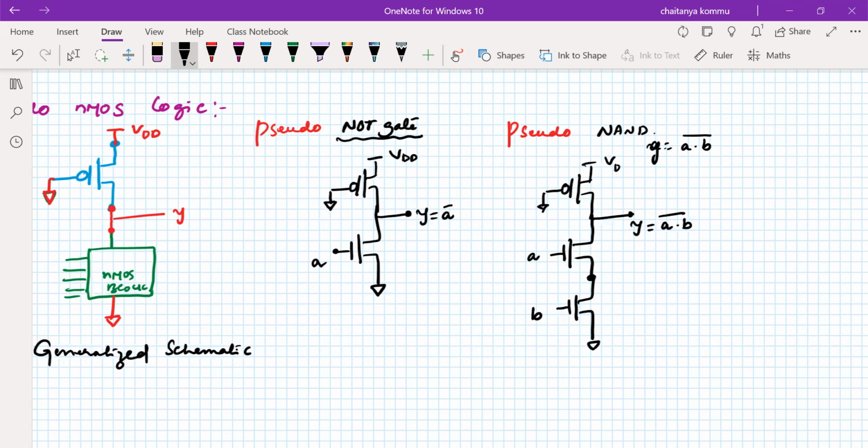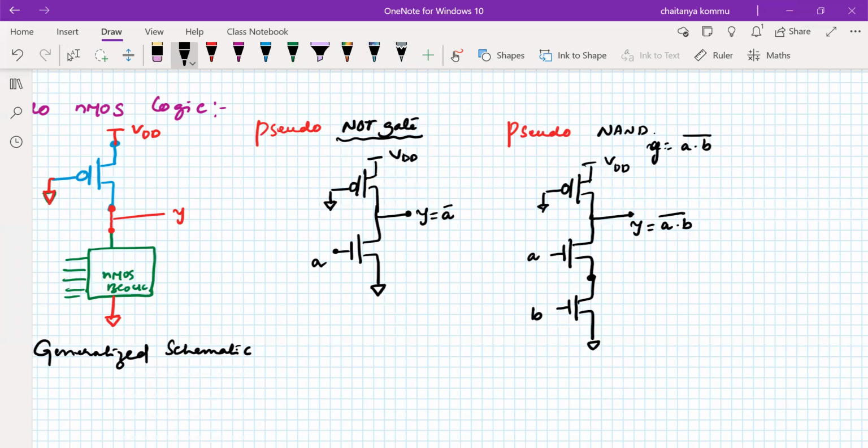So what is happening here? The pull-up network is a PMOS transistor and the pull-down network is NMOS transistors, so it looks like a CMOS logic implementation. But original CMOS logic for a NAND gate contains two NMOS transistors, and in the pull-up we have to consider another two transistors of p-type.